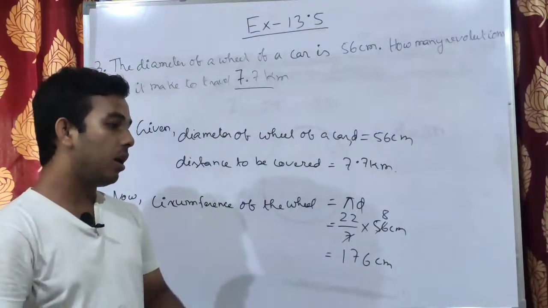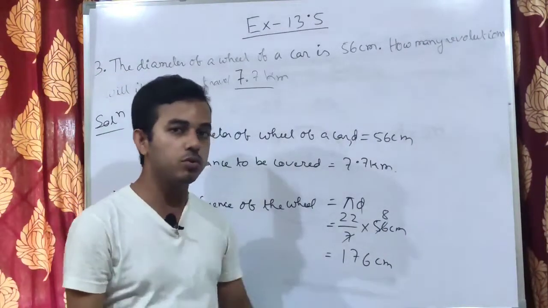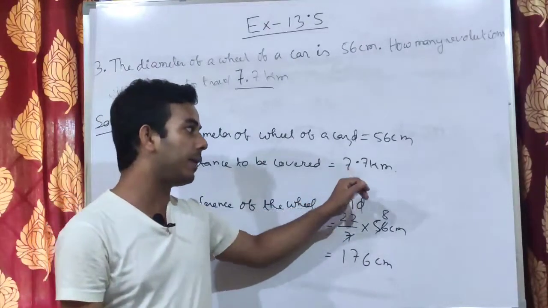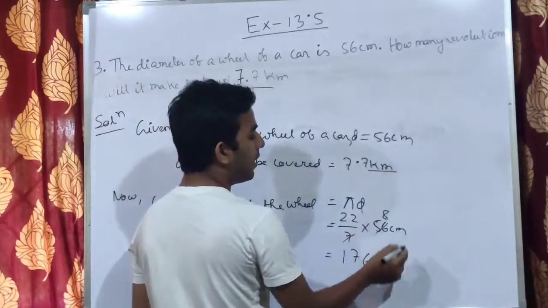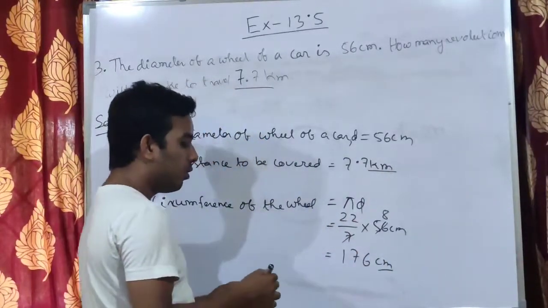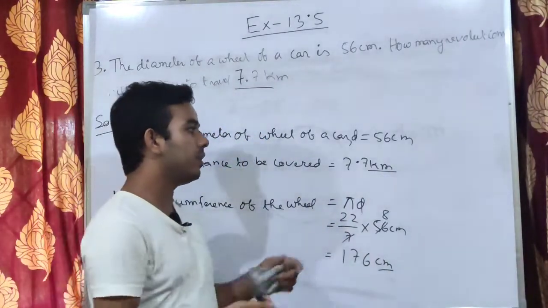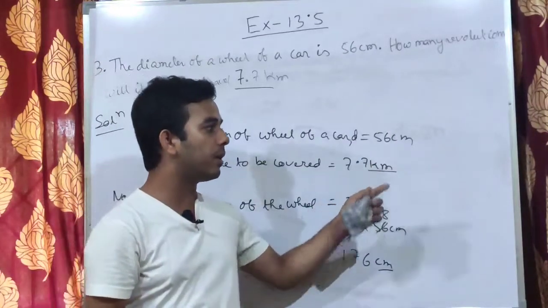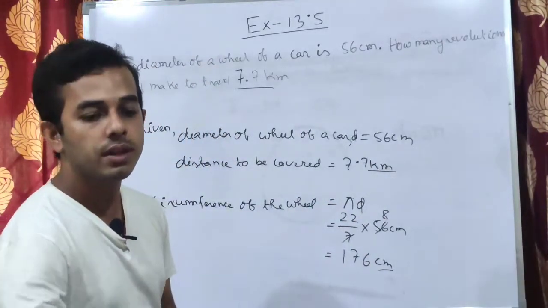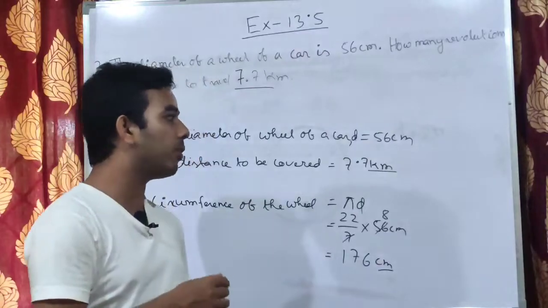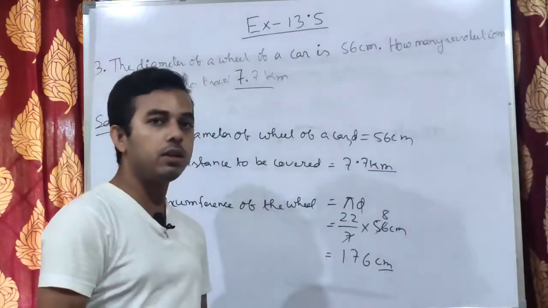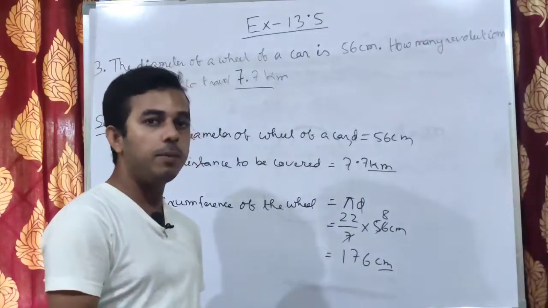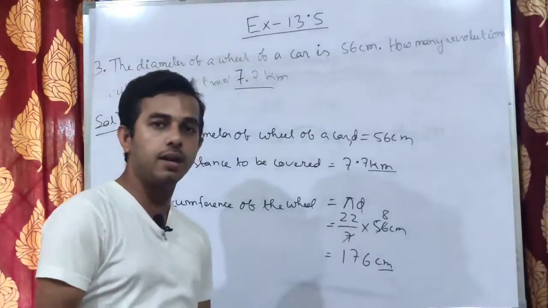So now, how many revolutions will be necessary to cover 7.7 kilometer? Now look, here the unit is kilometer and here it is centimeter. So what will we do? We will convert 7.7 kilometer into centimeter. We know 1 kilometer is 1 lakh centimeter, right?